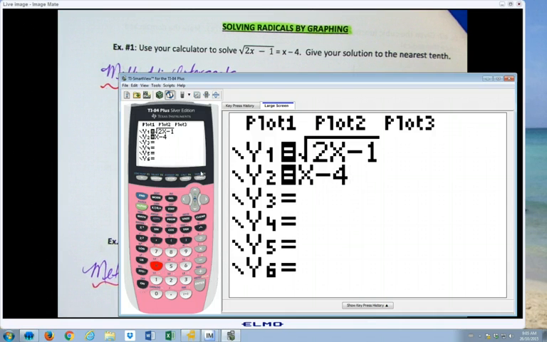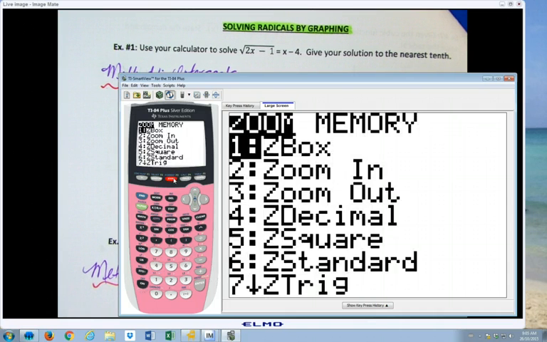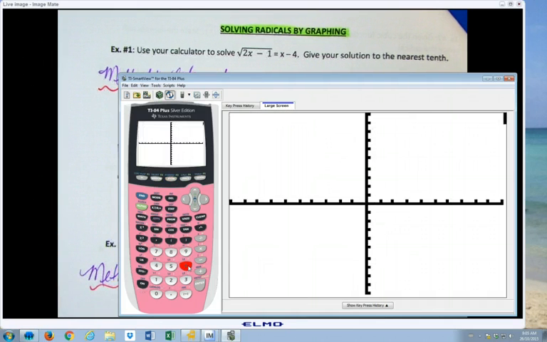I don't go to graph right away. I zoom because it sets up your axes for the particular question. We pick zoom standard unless we're doing a trig graph, which will be in unit 4. So zoom standard will give you the graph from -10 to 10 in both directions.